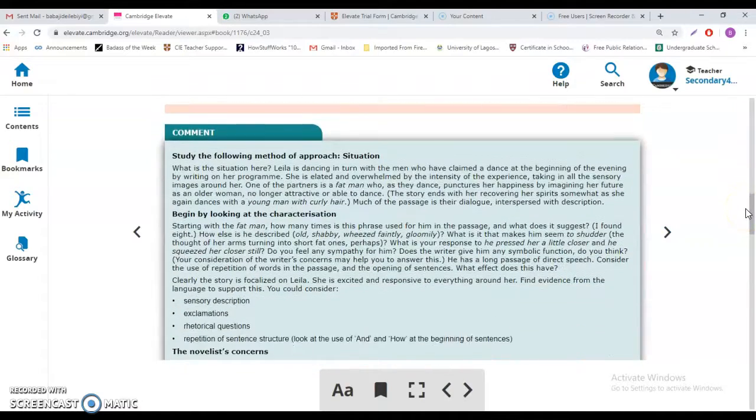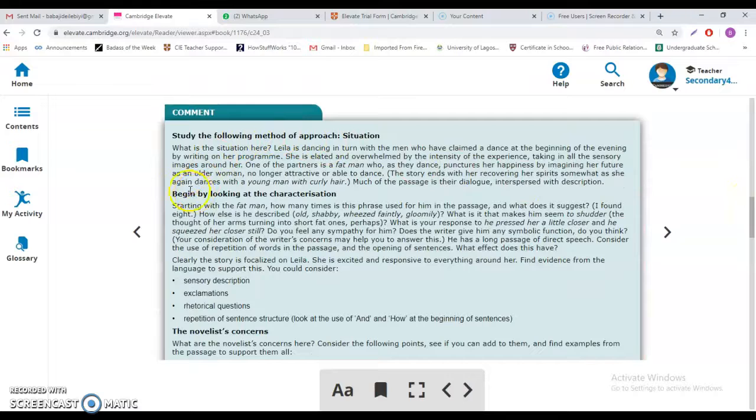This one. As you can see, this person began by situating the passage or the extract in the text as a whole. So we are made to know what the situation is just before that extract, and then maybe after too, so that we have a context kind of.